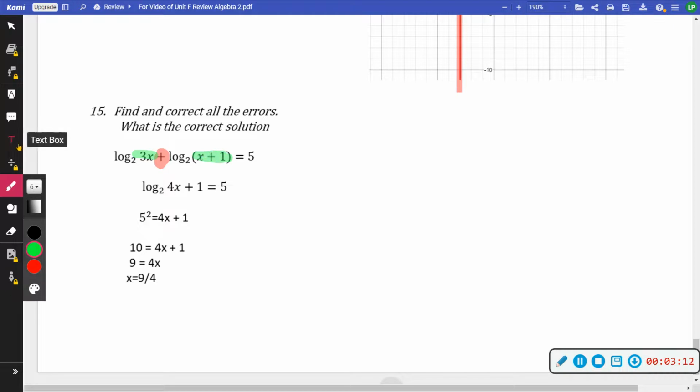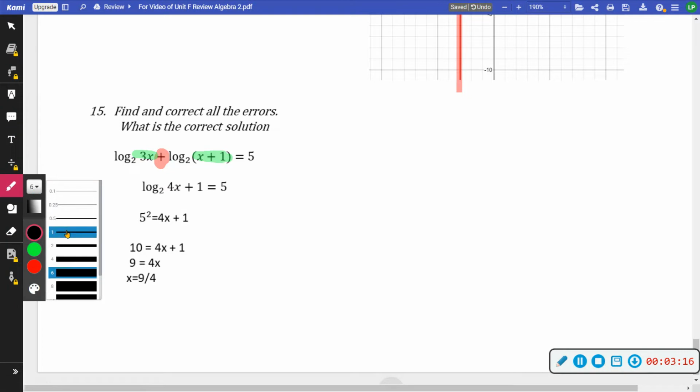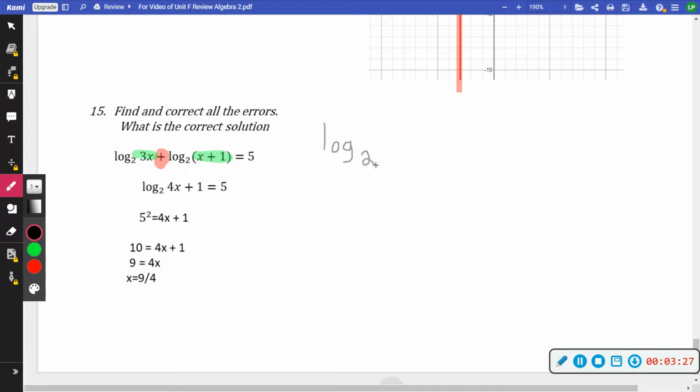And so let's do that real quick. If I take this times this, I'd get the log of base 2 is 3x times x plus 1.